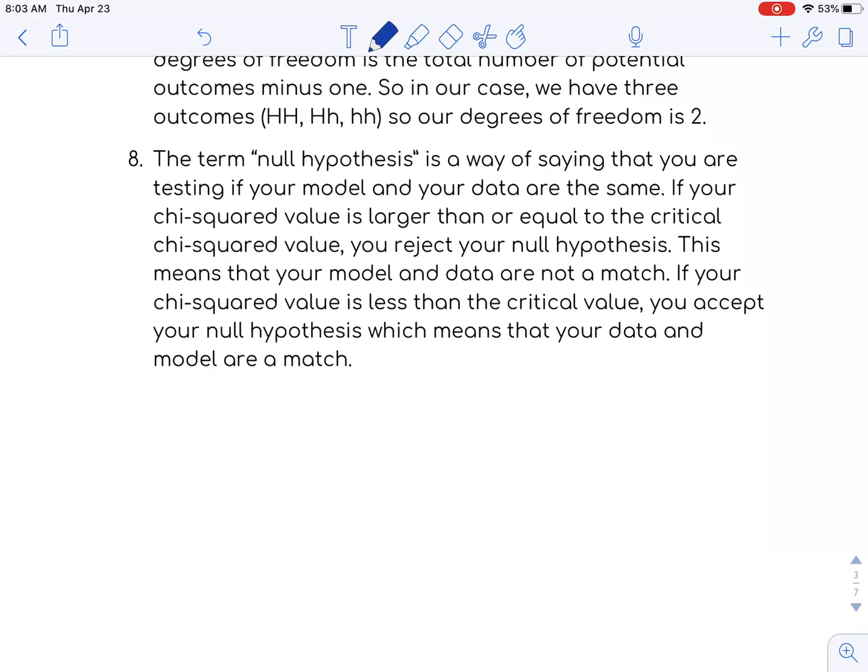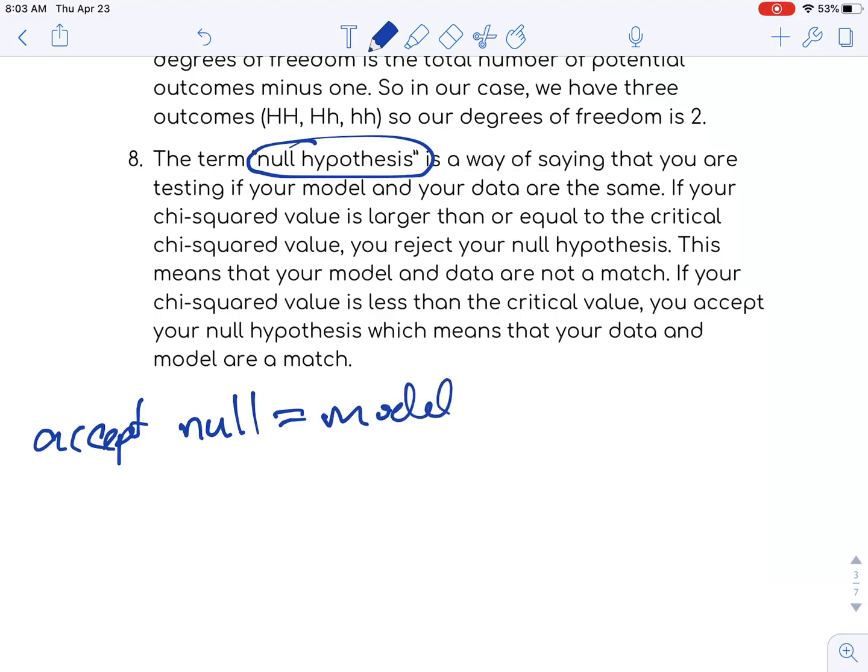So what you're testing against, and we used this term before, is the null hypothesis. If you accept your null hypothesis, that means that the model and data match. So for us, this means that we're right.